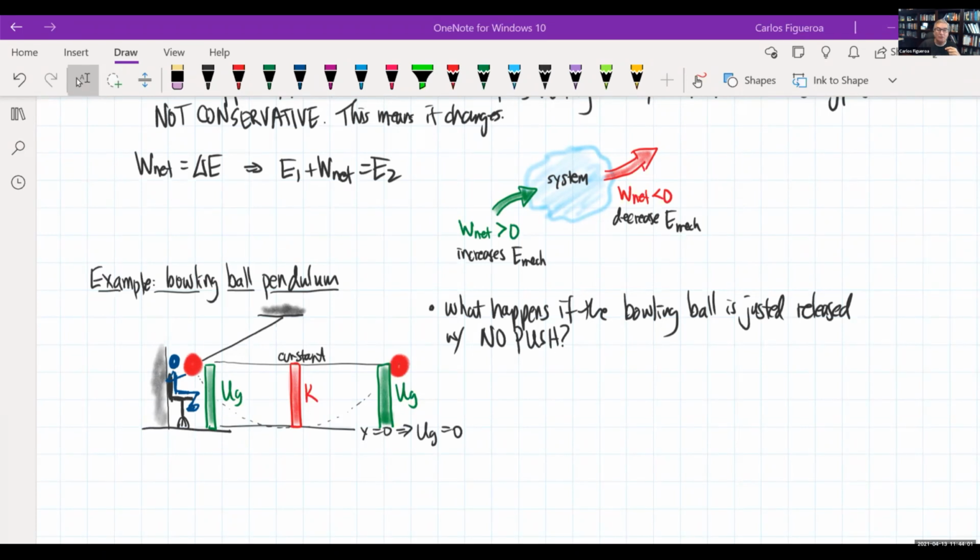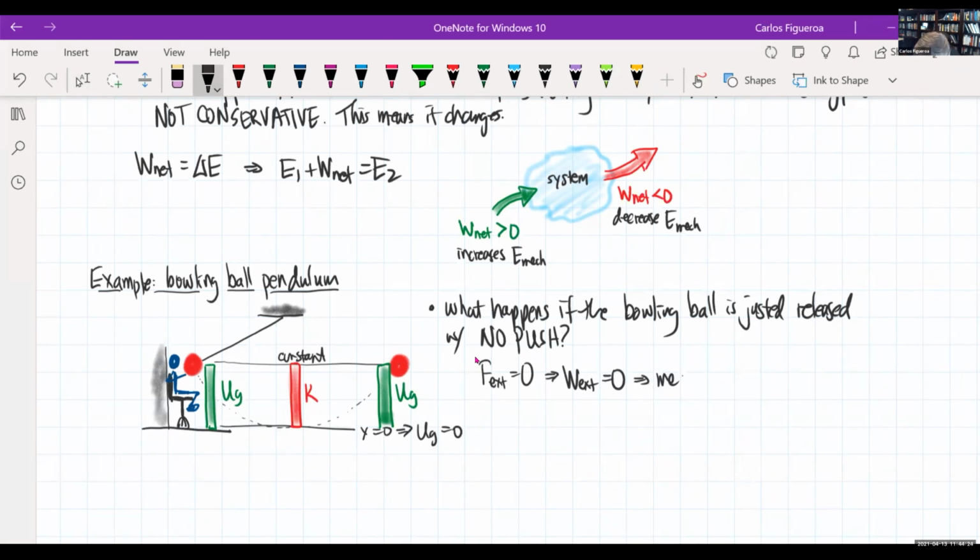So what I want to do here is ask the question: if, in this case, the external force is 0, then that means the external work here is 0.